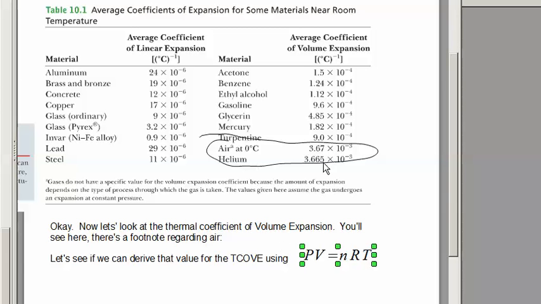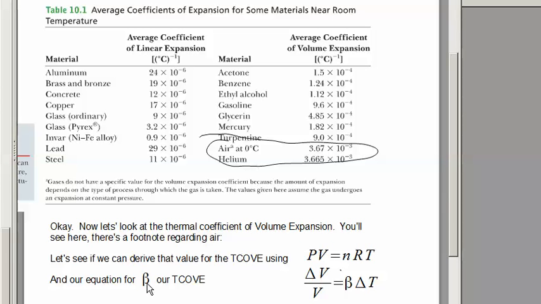So let's see if we can derive this value for the thermal coefficient of volume expansion using PV equals nRT. Our equation is that the change in volume divided by the volume is equal to beta, the thermal coefficient of volume expansion, times the change in temperature.